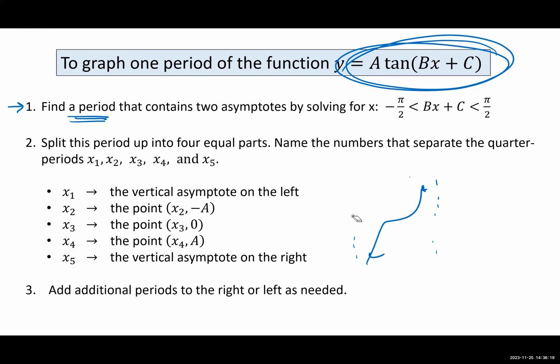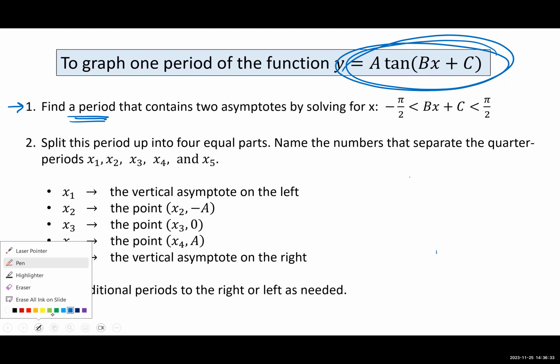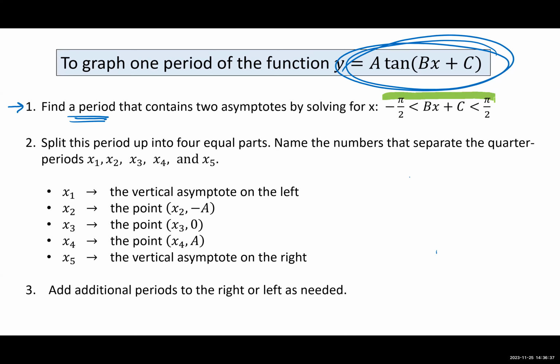And the way we find the period is going to be just like with the sine and cosine functions, coming from the values of b and c, whatever they may be. The way we're going to do that is solve this inequality.